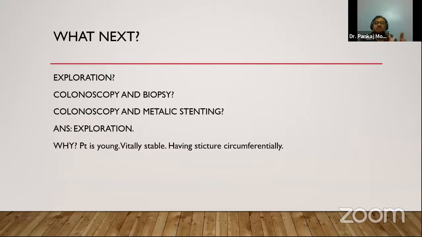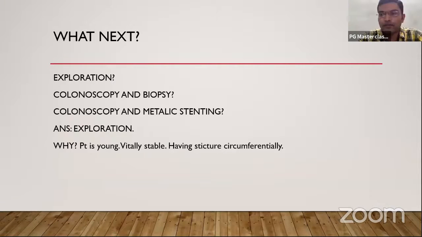What we have information is 70-year-old female having an obstruction, probably large bowel obstruction, CECT suggestive of descending colon growth, probably, and patient is vitally stable from this finding, right? So what will you do now? Understand this point. We should not deny that patient has obstruction, but what will you do?